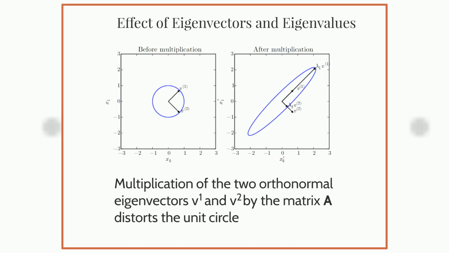So you see v1 grows, and v2 actually is going to shrink. They expand or shrink by lambda 1 and lambda 2 respectively, which are the values that correspond to those particular eigenvectors. I think this is a great way to intuitively understand these. It's nice to see a visual representation of what's actually happening mathematically.